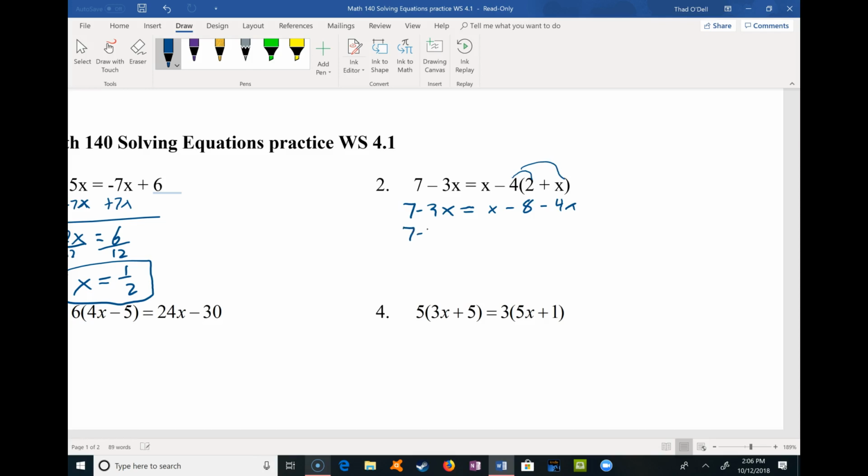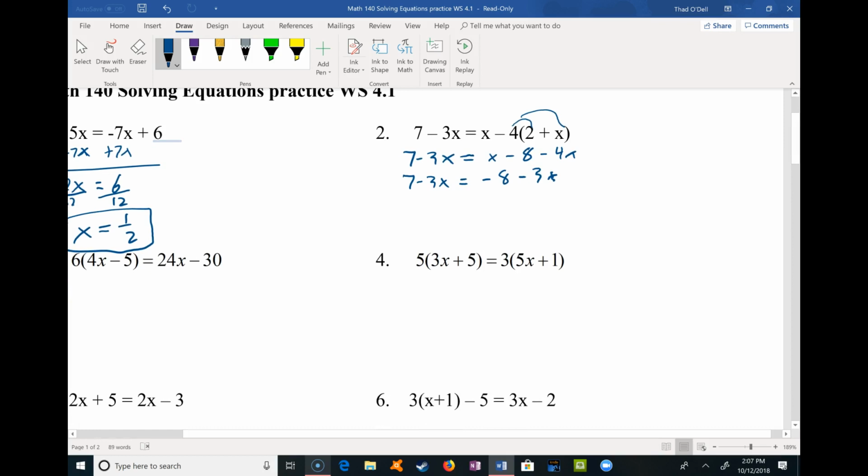And that would be 7 minus 3x is equal to negative 8 minus 3x, because I add the positive x and the negative 4x together. And now I'm ready to get the x's together. So to do that, I'm going to add 3x to both sides. We get 7 on this side and negative 8 on that side.